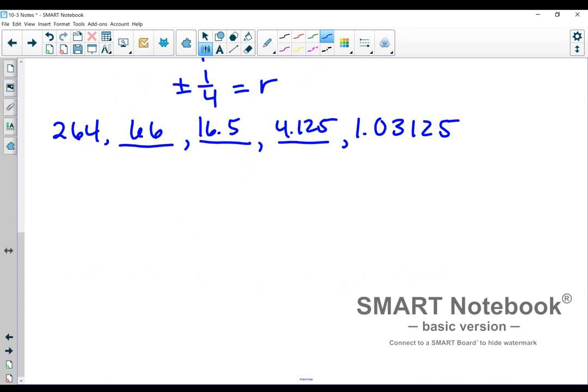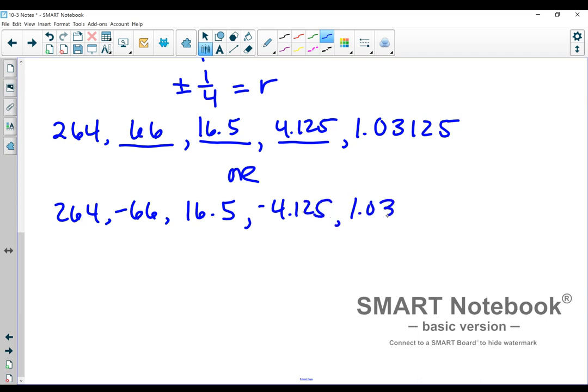If I let R be negative, then that's going to make the 66 negative. Then I multiply by negative again, I get positive. Then I multiply again, I get a negative. And then a positive, of course, at the end.